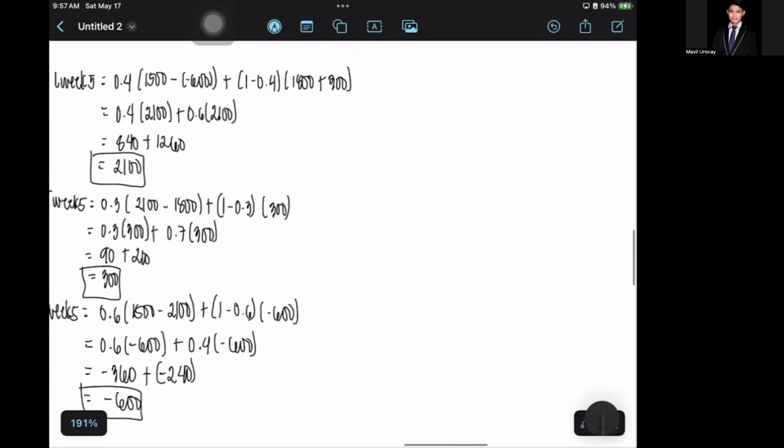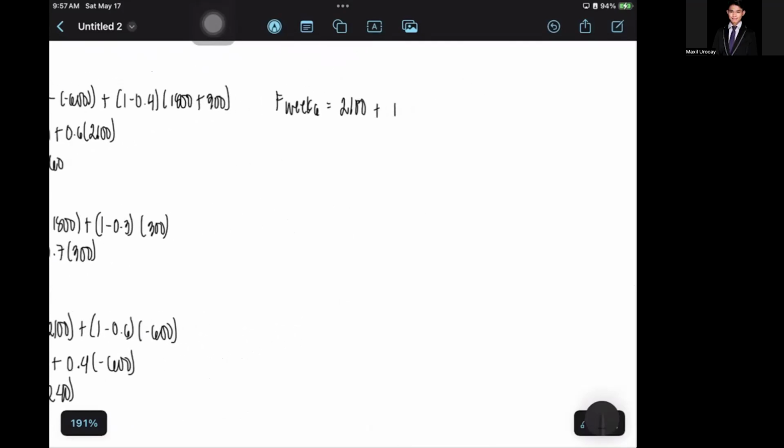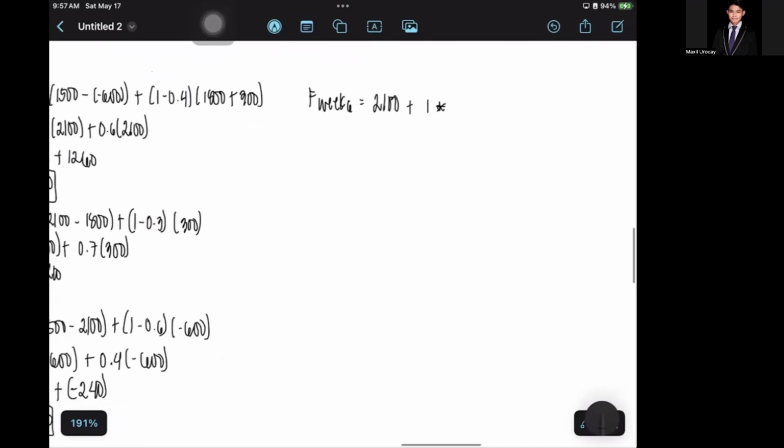Now we will get the forecast for week 6 up until 10. For forecasting that, the current level right now is 2,100. Then plus h, this is the first week, so that is 1 times the current trend, which is 300.